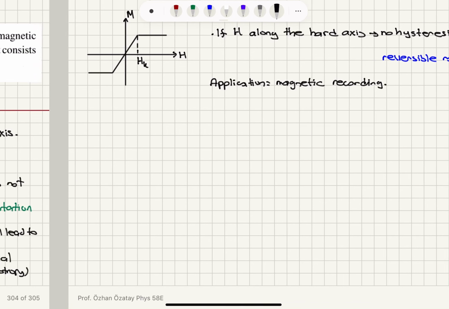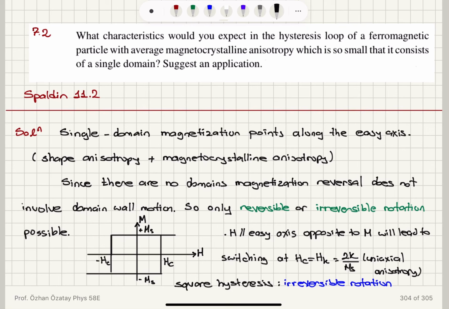Okay, so we have looked at a single domain ferromagnetic particle with average magnetocrystalline anisotropy. The orientation of the domain is dictated by the anisotropy of the system. It's shape anisotropy and magnetocrystalline anisotropy that can contribute.